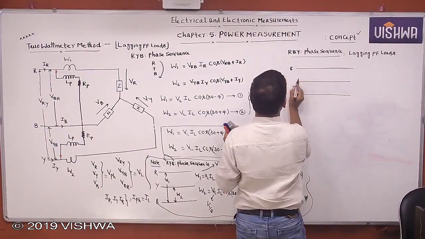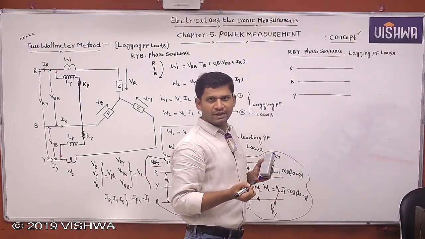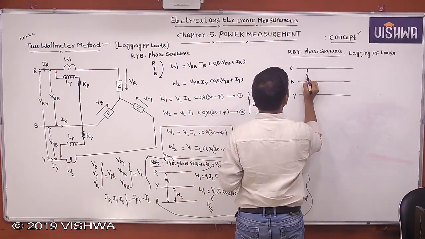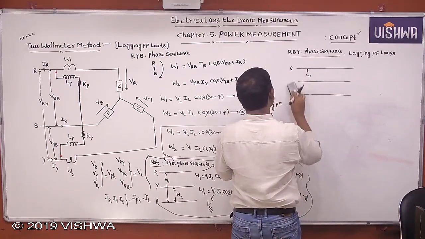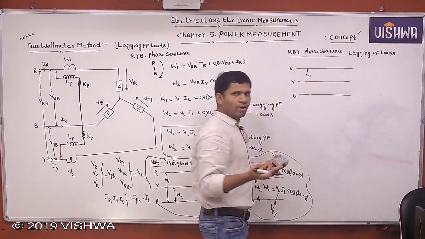This is R, this is B, this is Y. RBY phase sequence. Let W1 be connected, here no problem, you take RYB, but according to the phase sequence you write the wattmeter readings.